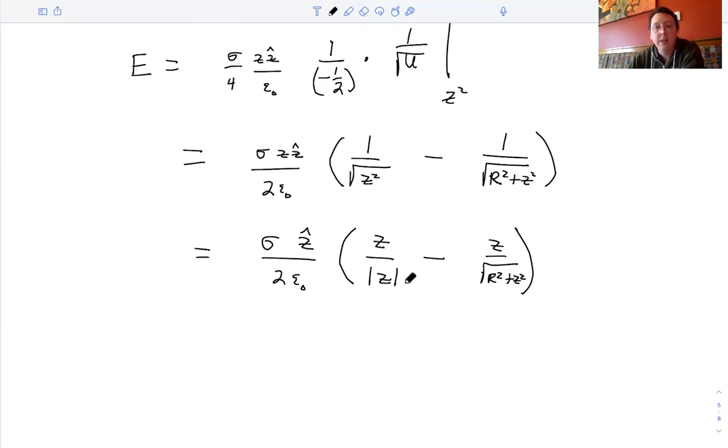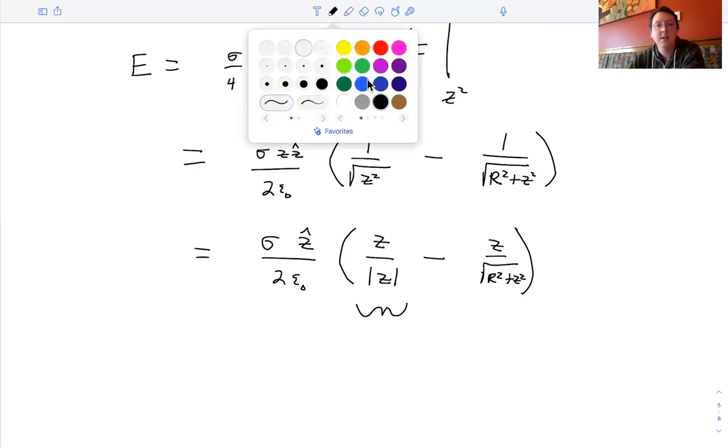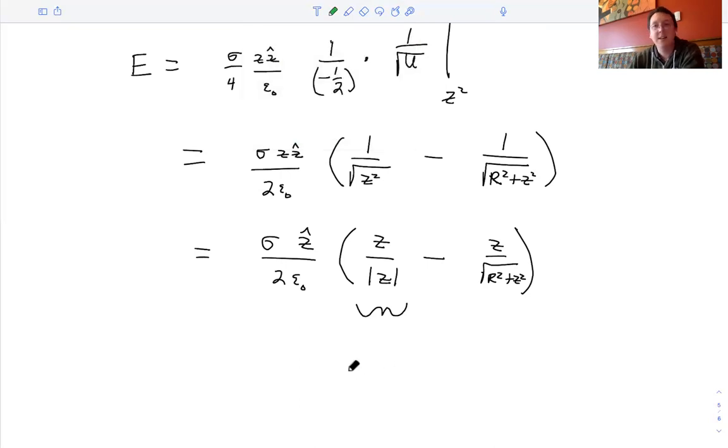Okay. This term right here, if you think about it, z divided by the magnitude of z is simply the sign of z, not the trig sine, but the actual sign of z.